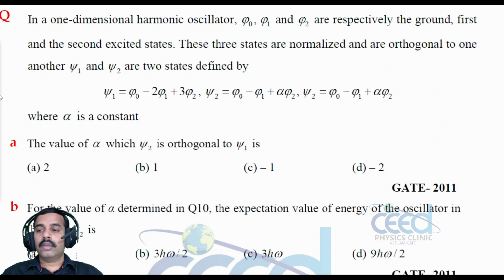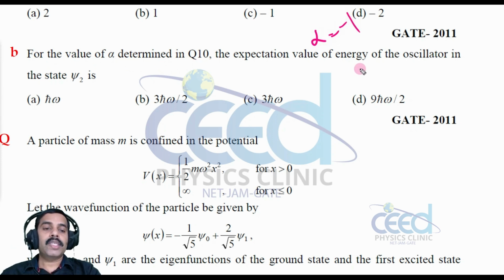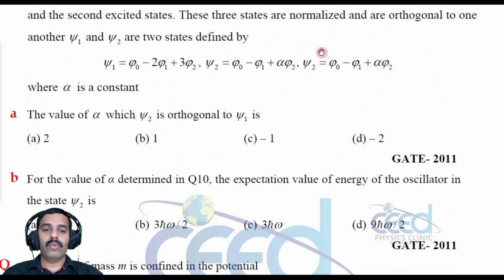And next question is, for the value of alpha determined in the question 10, we have calculated alpha is equal to minus 1, right? The expectation value of energy of the oscillator in the state psi 2, right? State psi 2. What is the psi 2? What is the expectation?